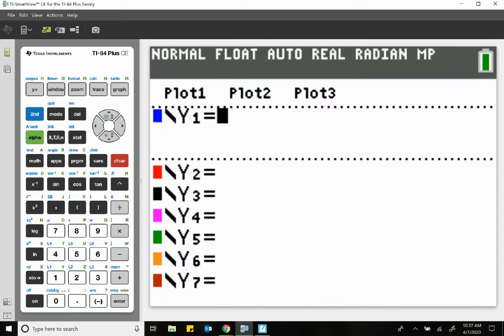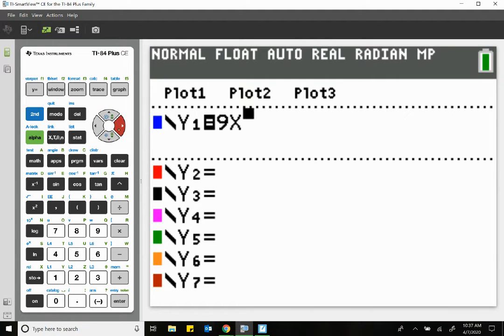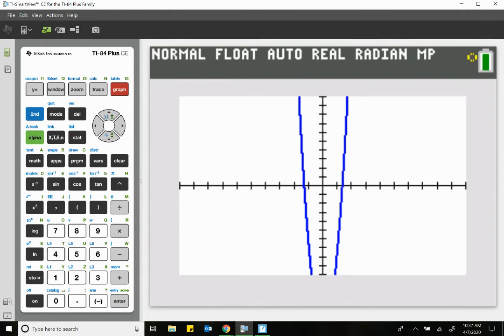Let's go in here. 9x squared minus 16. So there's our graph.